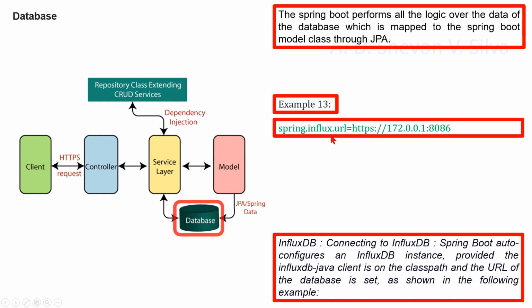If the connection to InfluxDB requires a username and password, you can set the spring.influx.user and spring.influx.password properties accordingly. InfluxDB relies on OkHttp. If you need to tune the HTTP client InfluxDB uses behind the scenes, you can register an InfluxDbOkHttpClientBuilderProvider bean. If you need more control over the configuration, consider registering an InfluxDbCustomizer bean.